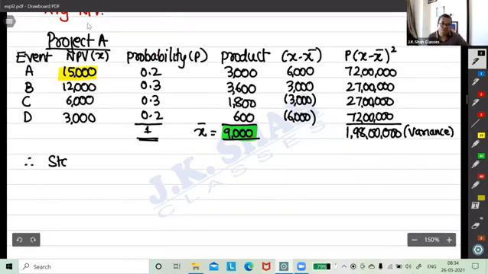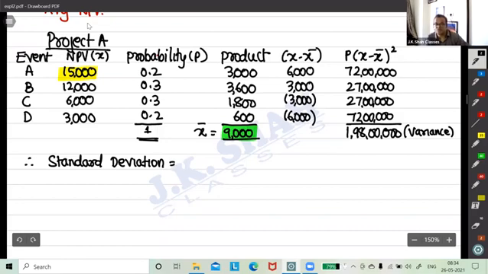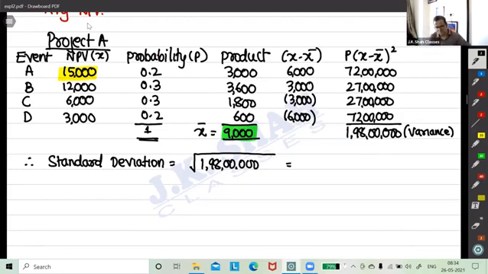So standard deviation would be root of variance. That is root of 1 crore 98 lakh. I got it, 4449.72.